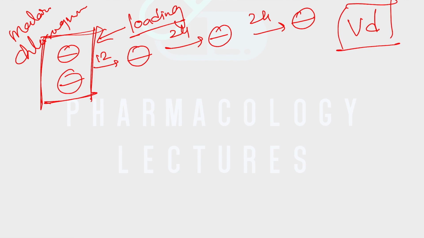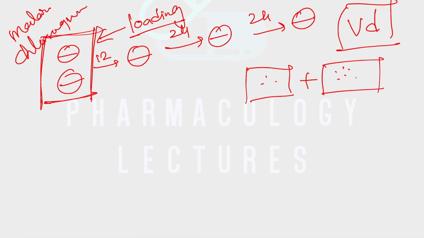We have seen that some drugs bind less to plasma proteins but have high affinity to tissue proteins, so they go in higher concentration into the tissue. These are called high volume of distribution drugs. So they remain less in the plasma, go to the tissue proteins and bind to them.